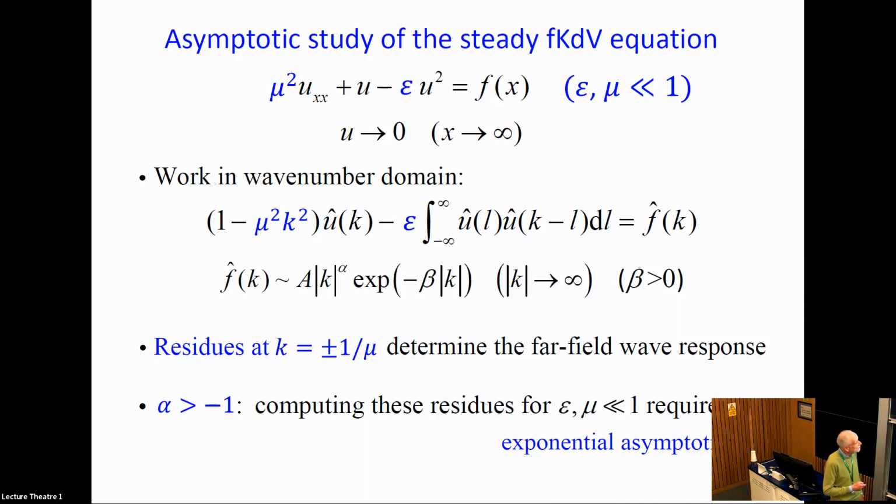And furthermore, depending on how epsilon relates to mu squared, this non-uniformity due to nonlinearity can become as important as this non-uniformity, which of course is to be expected because of the residue. So this is a very interesting, very rich problem, even though the equation looks innocent. Very simple differential equation. The behavior is very rich as far as the wave response is concerned.